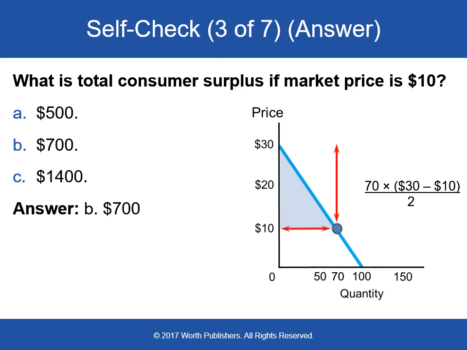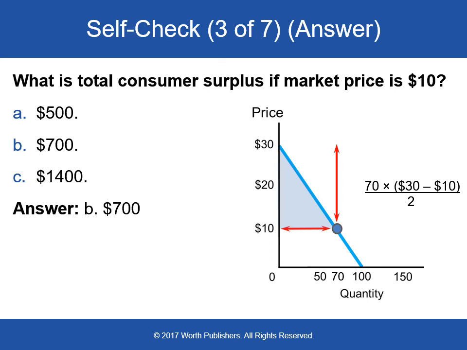Now, if you got a different number, there are a couple of reasons why, but I'll just point out one. If you calculated half base times height, and what you used for height was the $30, you looked from 30 down to 0 and said, okay, that's the height. No, that's not the relevant height. The relevant height is not the distance from 30 to 0.